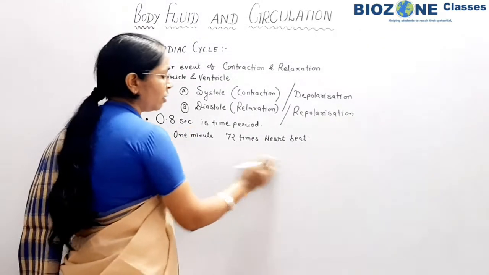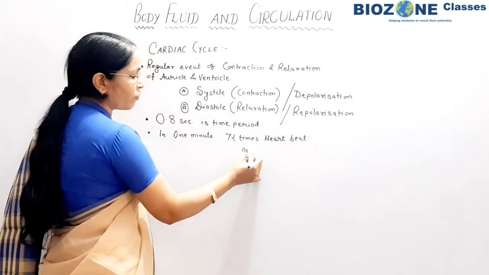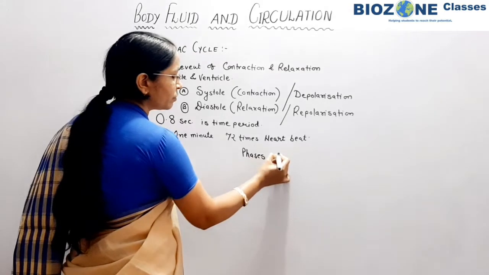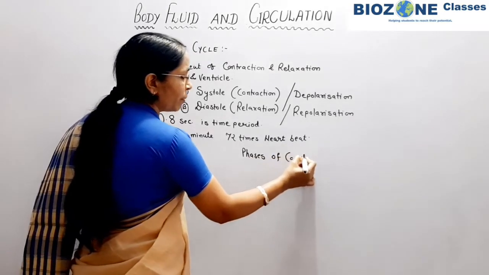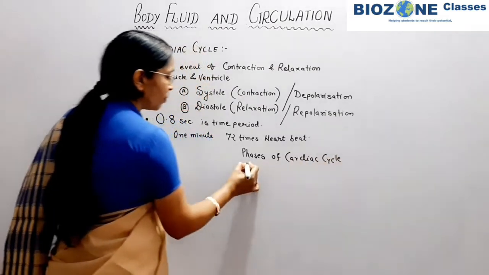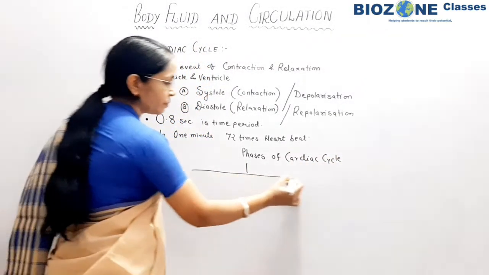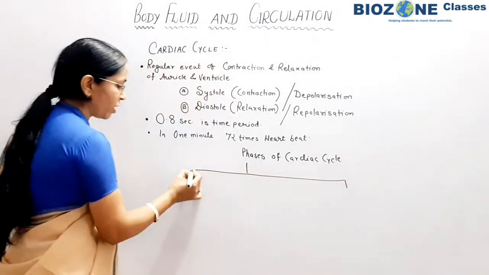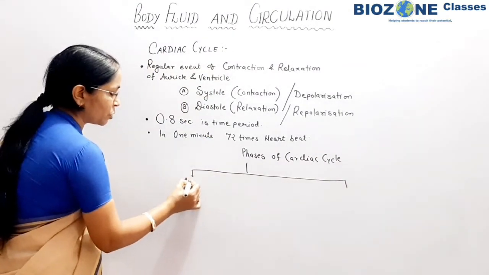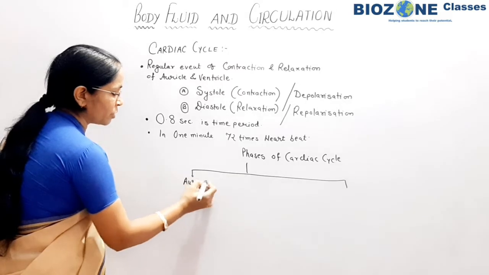Here we study what are the phases of the cardiac cycle. The cardiac cycle, you remember, is completed in 3 phases. The first phase of the cardiac cycle is auricular systole or atrial systole.